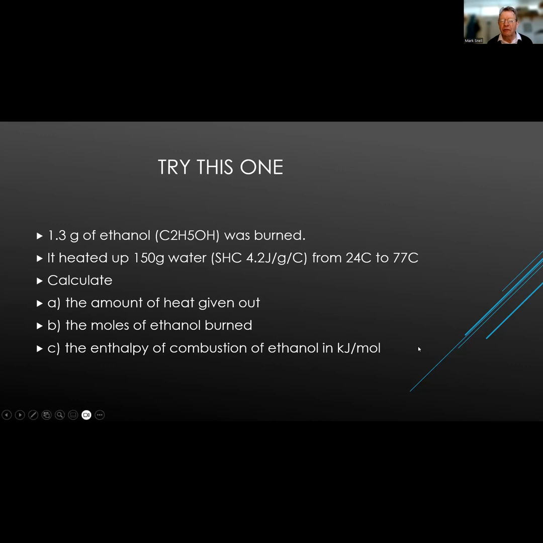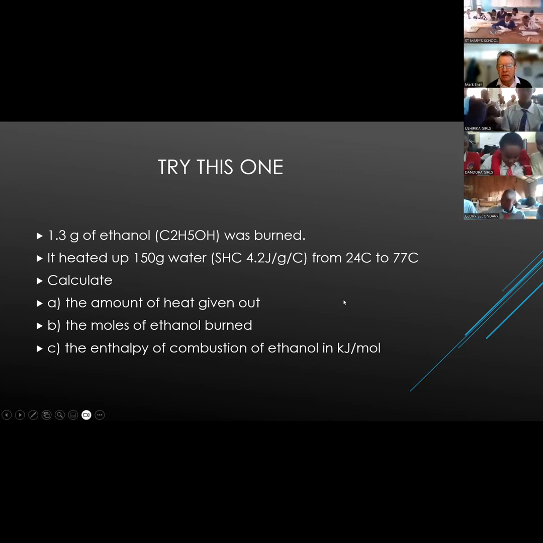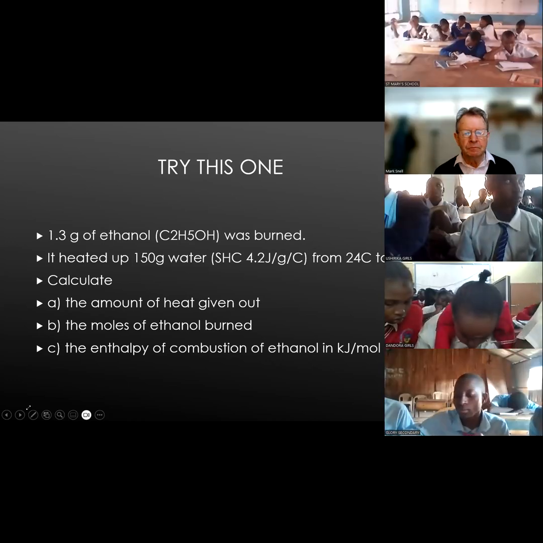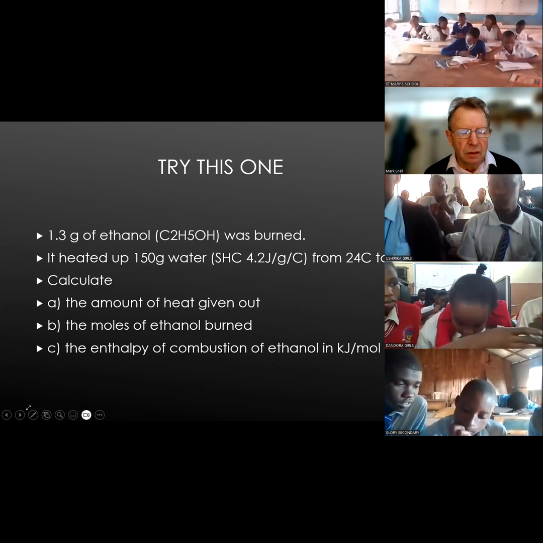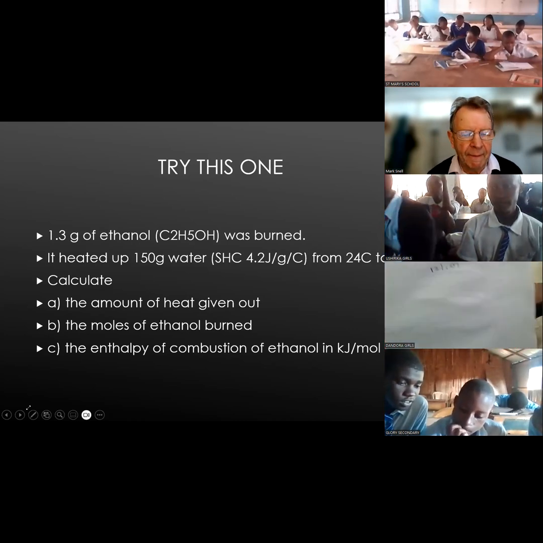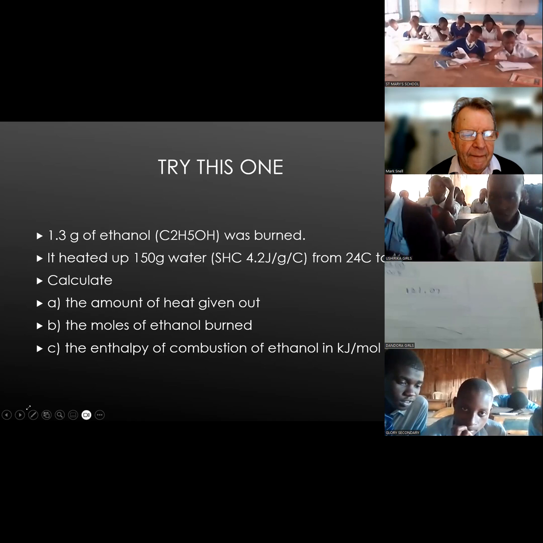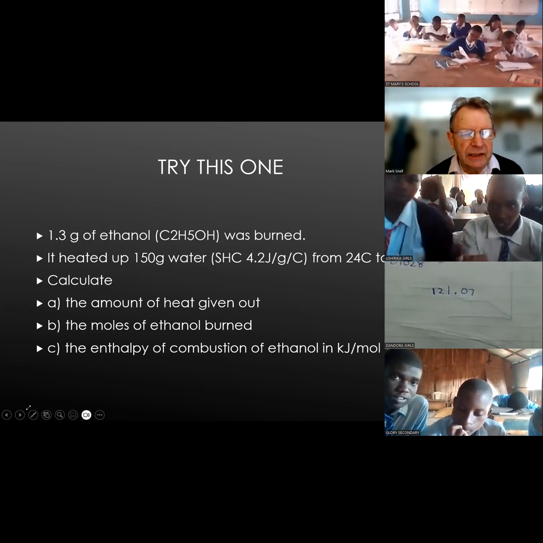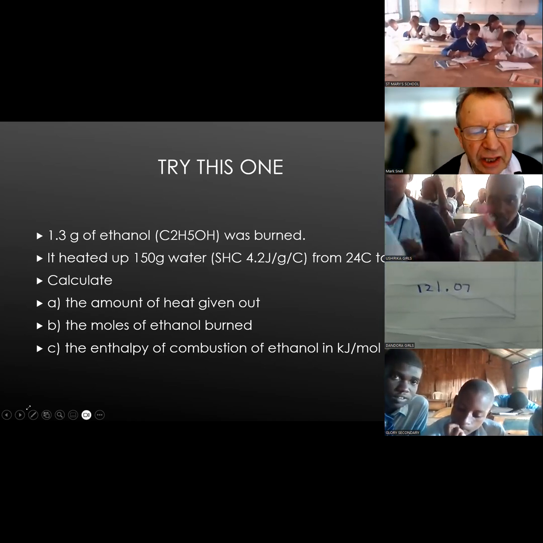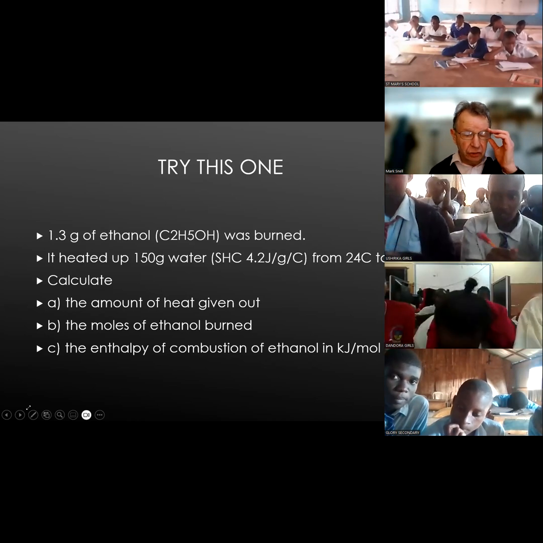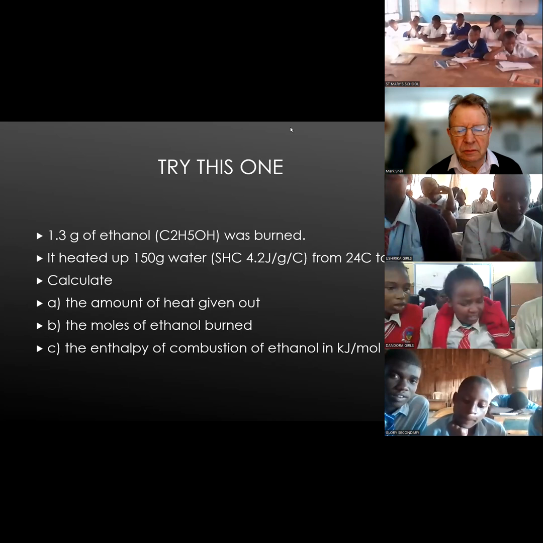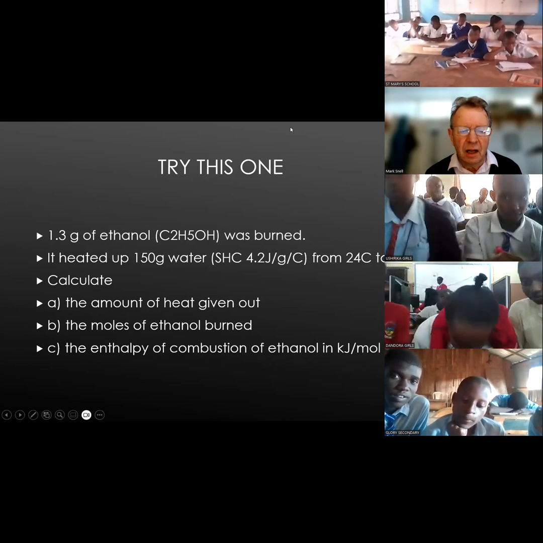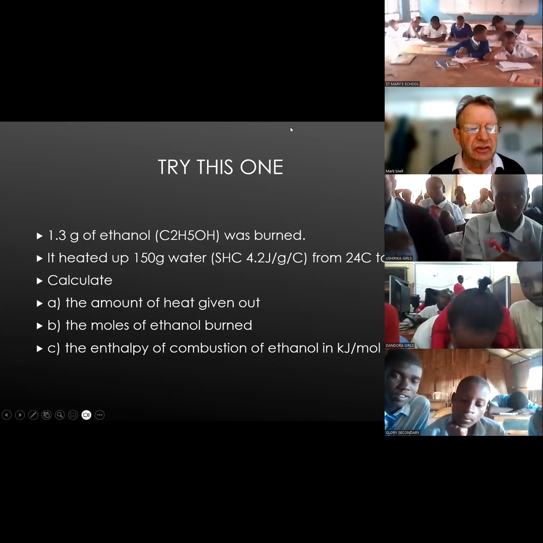Go through all of your answers, all of your calculation carefully. It's got to be negative because the heat was given out, but you think it's 121. Okay. 121. I'll go through the calculation in just a moment.